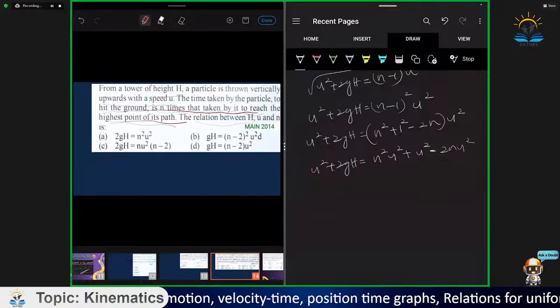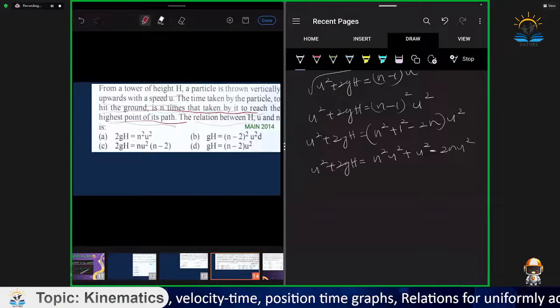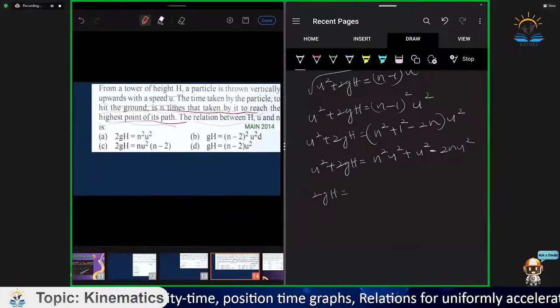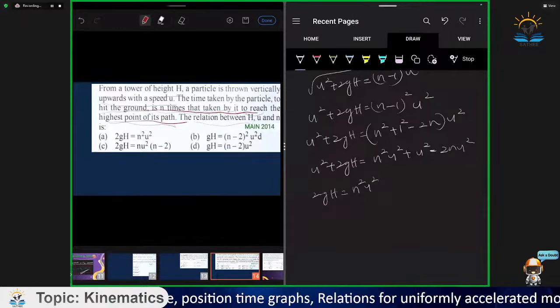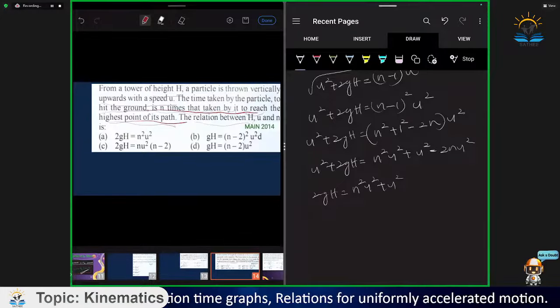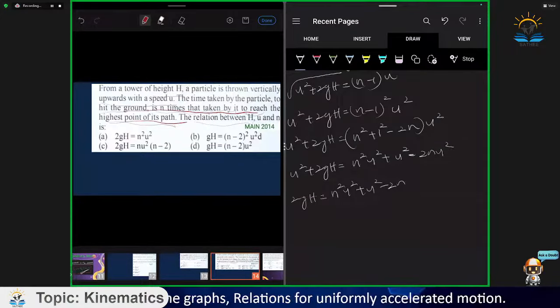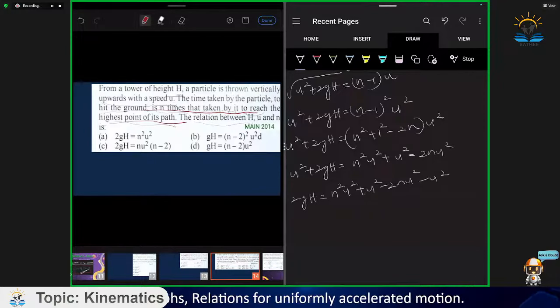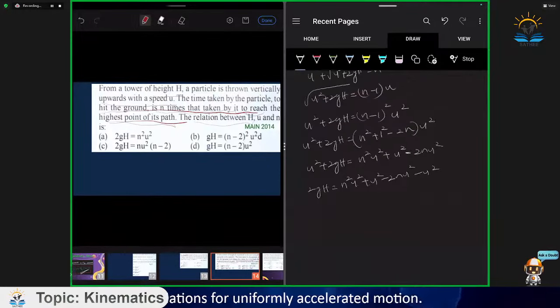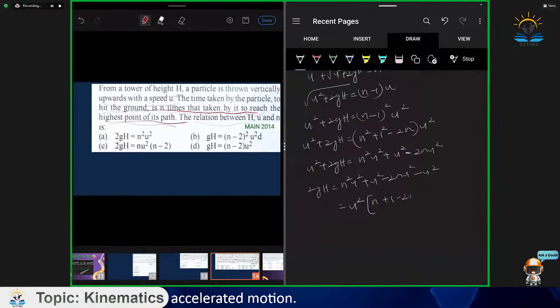So 2gh is equal to n square u square plus u square minus 2n u square minus u square. Upon taking u square as common, n square plus 1 minus 2n minus 1.